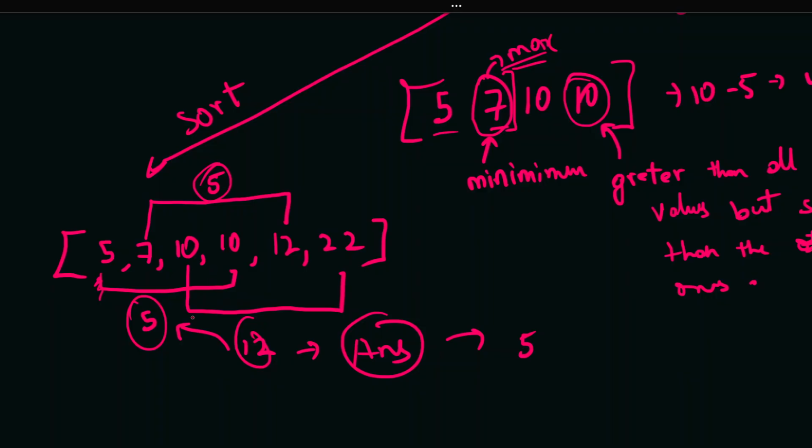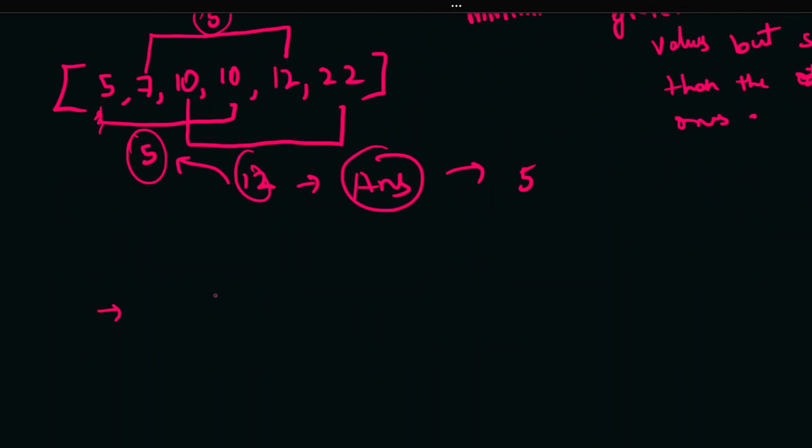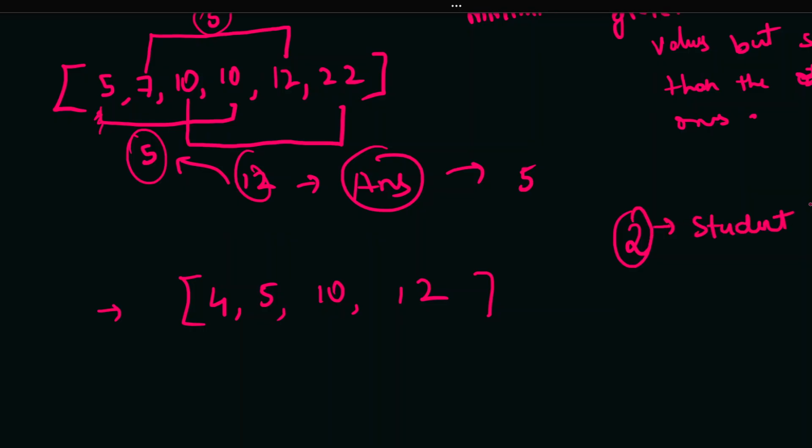Let's take another case. Let's say we have 4, we have 5, we have 10, we have 12. Correct? We need 2 students to have the puzzles. So how would you pick such that A minus B is minimum?